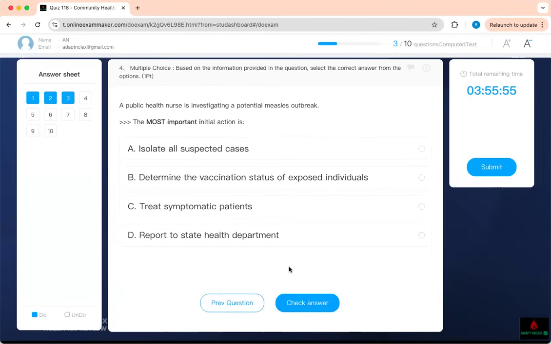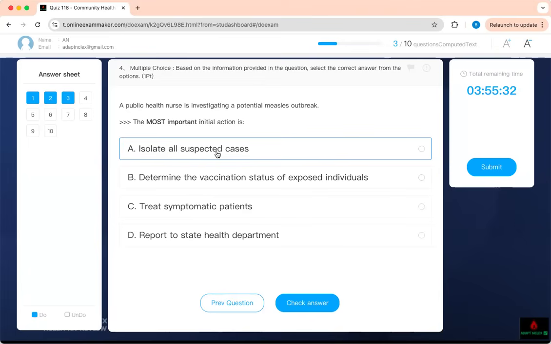What is the most important initial action? A public health nurse is investigating a potential measles outbreak. Whenever there is an outbreak of a communicable disease, the first thing you want to do is find the source of it. How do you find the source? Isolating all specific cases doesn't mean you are finding the source.